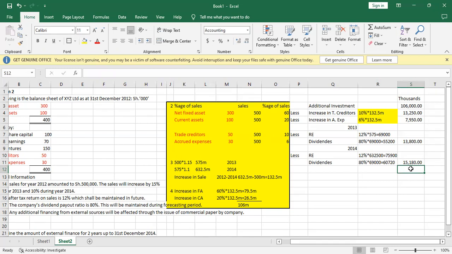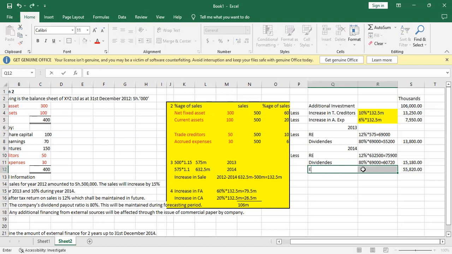There it is. I'm getting 55,820. What does that mean? It's a surplus. So this is the amount that I need to get from external financing. So you can see how I'm able to establish the amount that I get from external financing. And this external financing is occurring in form of commercial papers.